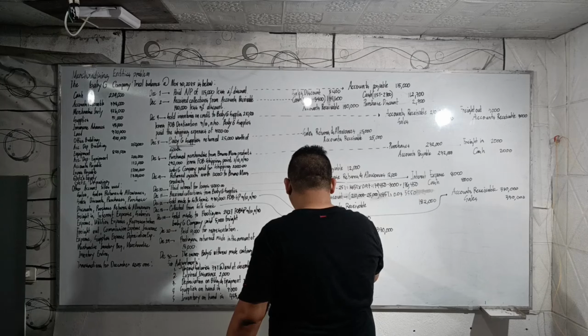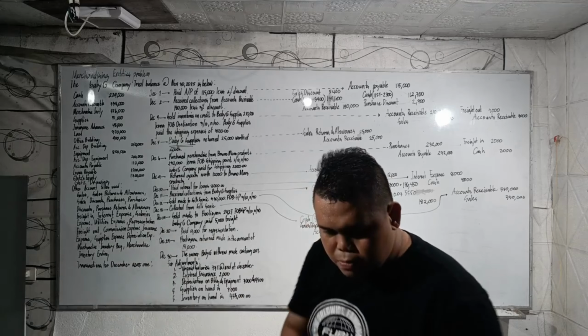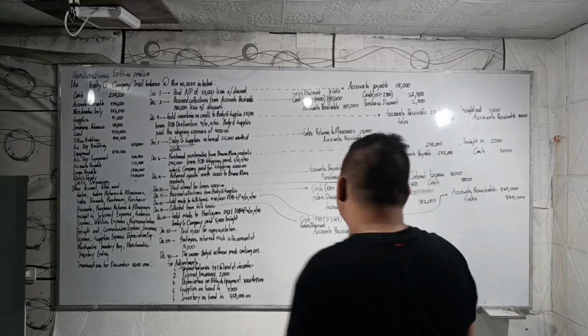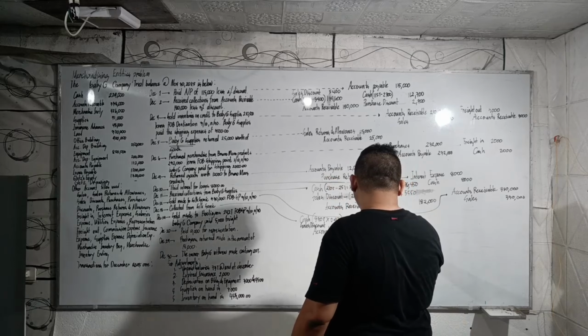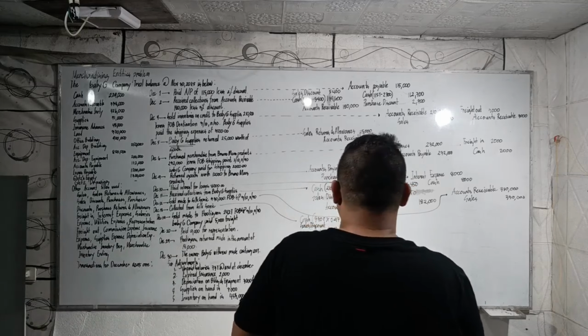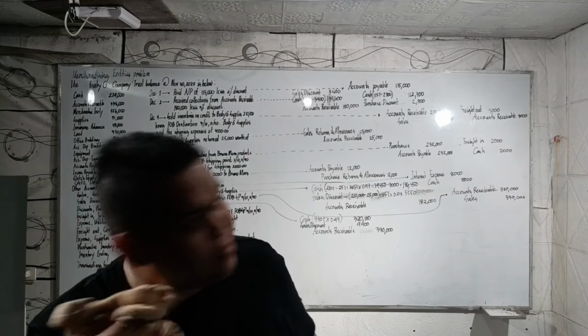Sales discount is 9,900. And I guess that's already balanced. Okay? So, that's how you make an entry.